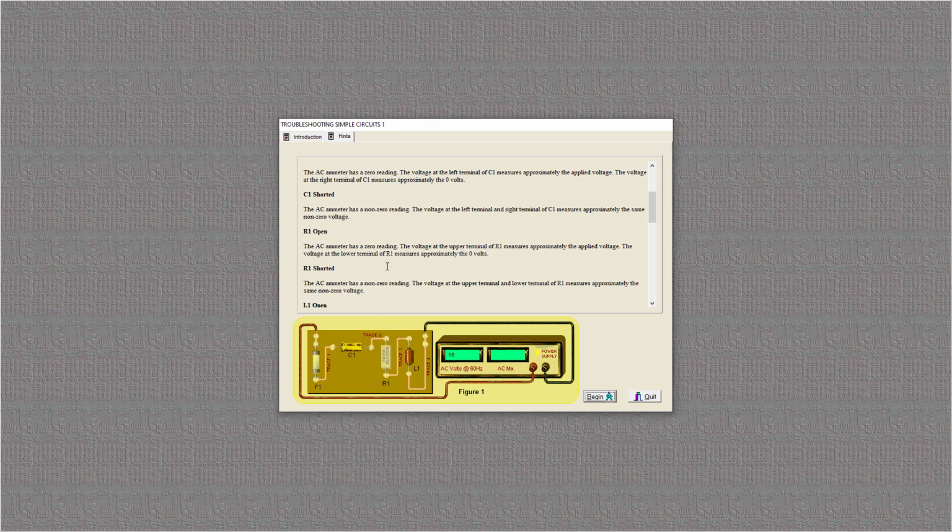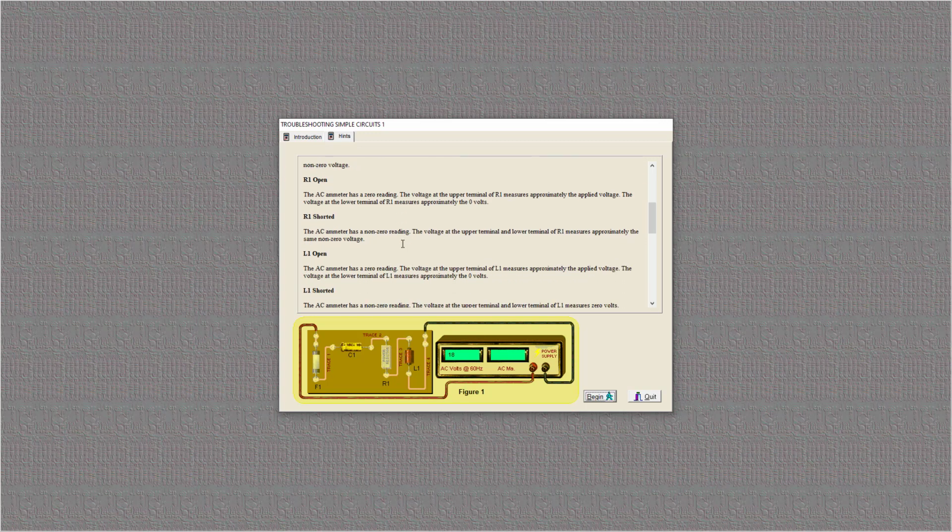Not good. If our resistor is open, we're going to get a voltage on top, which should be the applied voltage, and we should get a ground on the bottom. R1 shorted, we're going to get a non-zero reading. There's going to be current through there, and it'll be wrong, and we're going to get the same voltage.